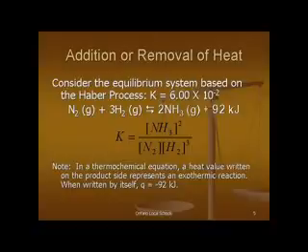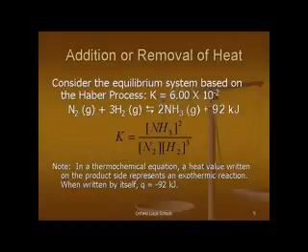If we were just to write the delta H here, which is the change in enthalpy, in this case we're just going to represent it with a Q. When written by itself, Q would equal negative 92 kilojoules. So when the heat value is written on the product side, if we write it separate from the chemical equation, we have to put a negative sign in front of it, representing that this is an exothermic reaction where heat is being given off by the system.